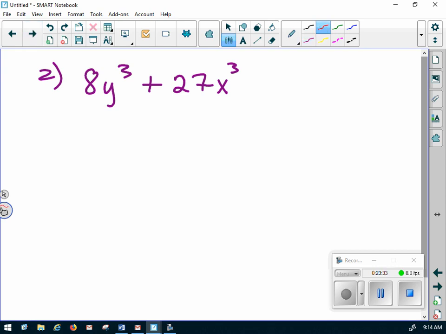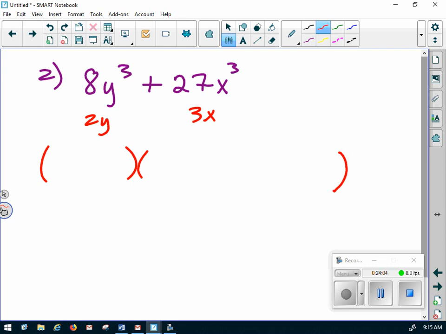What's this called? Is this a sum or a difference? It's a sum. So it's a sum of 2 cubes because what's the cube root of the first term? 2y. What's the cube root of the second? Good. All right, let's do it.